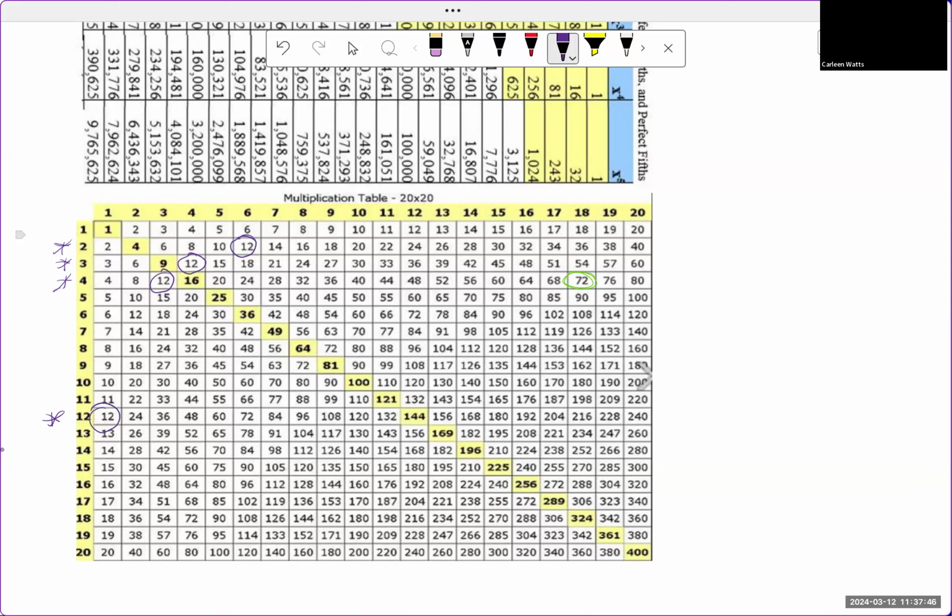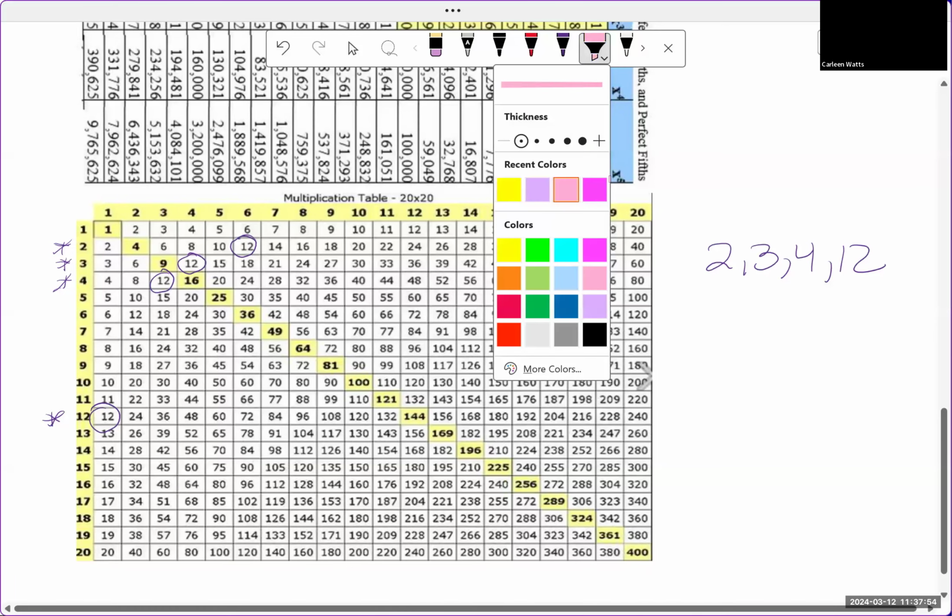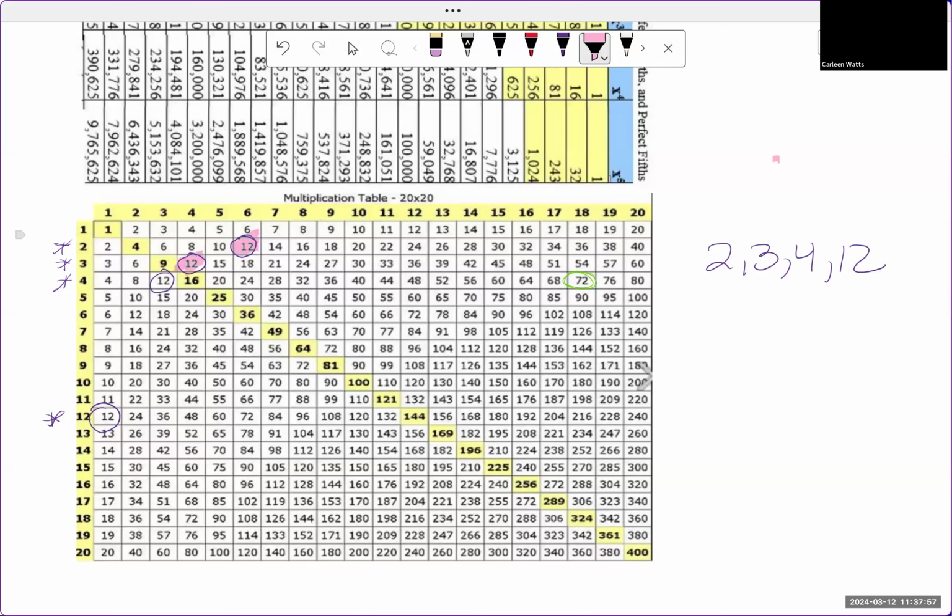I have 2, 3, 4, and 12 right here. Least common multiple is 12.